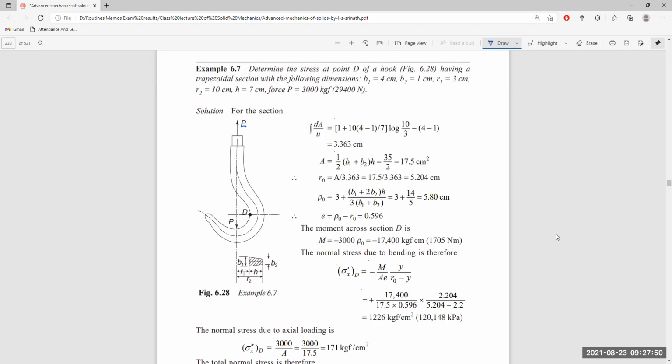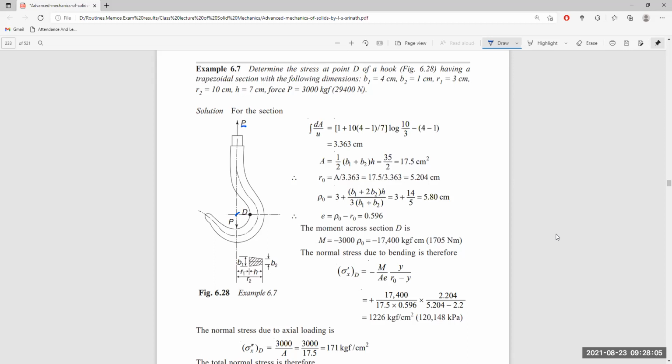This will be the point of intersection. And the external load P is pointing downwards, carried by the hook itself.